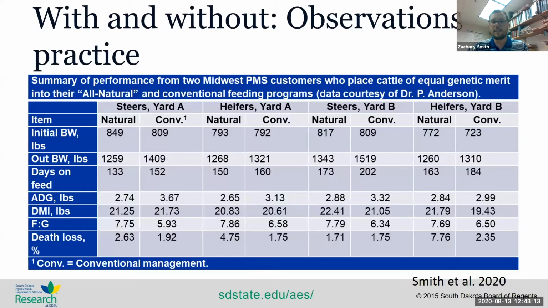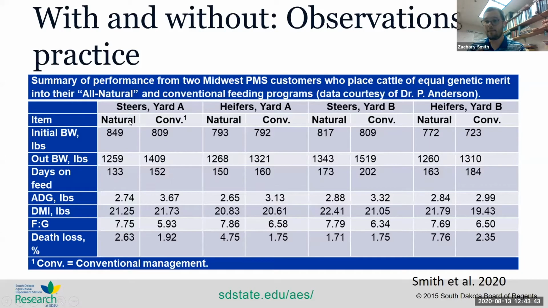So this is some data that was shared with me by the Midwest PMS group. These are some closeouts from their customers, and this data was actually published in the Open Journal of Animal Science this year. And it's just talking about all natural versus conventional. So keep in mind here, this is an all natural program.